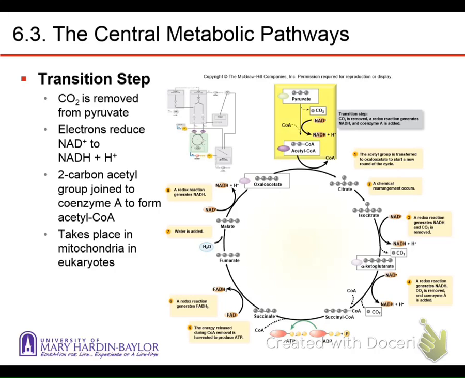So the transition step makes a couple of products. We've talked about this before in our cells: in eukaryotic cells, the TCA cycle and the transition step happen inside of the mitochondria. And that's part of the reason you get less energy from glucose in a eukaryotic cell, because you've got to transport the product from glycolysis, the pyruvate, into the mitochondria, and that takes energy for the cell.